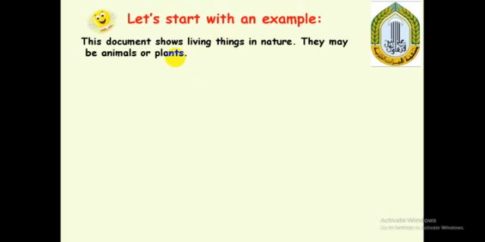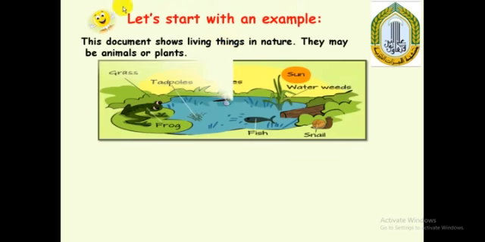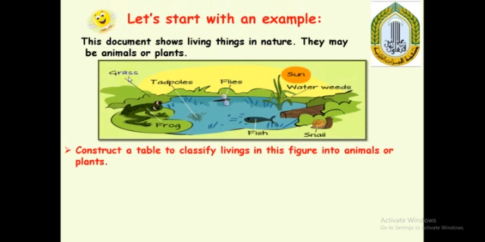Now here we have a document which shows living things in nature that can be animals or plants. Observe with me. What do you see in this figure? Grass, tadpoles, frog, flies, sun, water weeds, fish, and snail. So let's read the question together now.